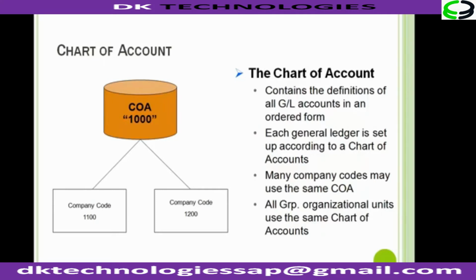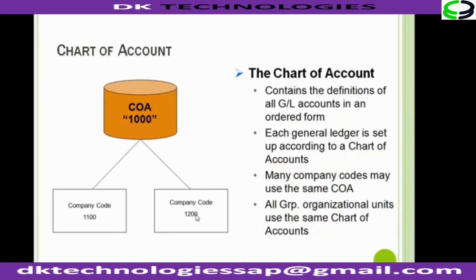Now let's take up a practical example. You have two different company codes. One is 1100 as it is on the screen, and another one is 1200. You can have the same chart of account 1000 for both the company codes, and if you want, you can have two different charts of account separately for both.